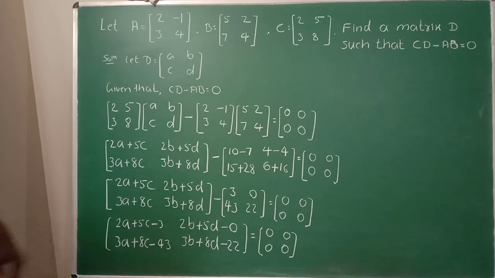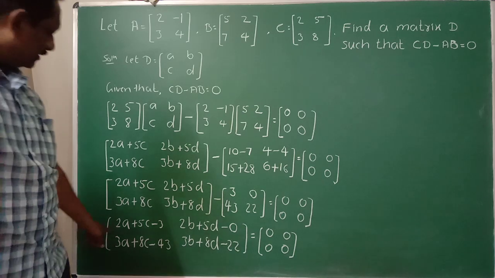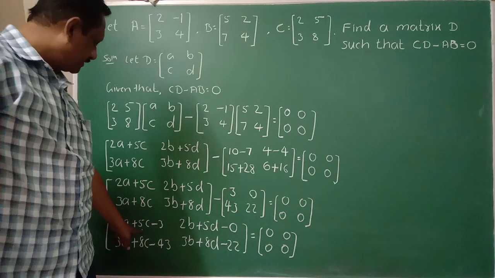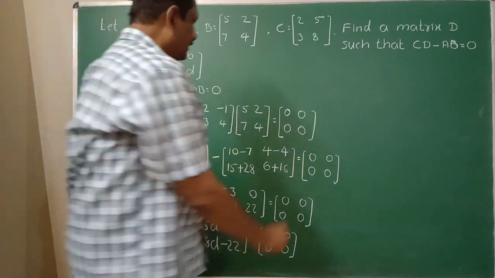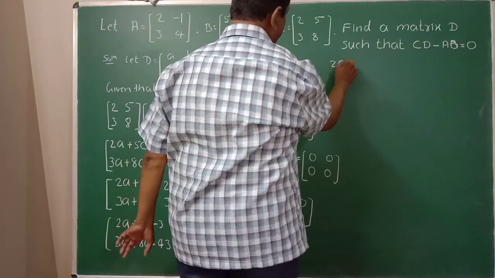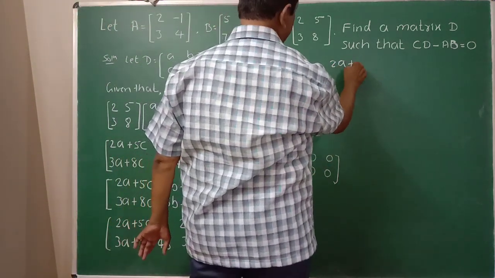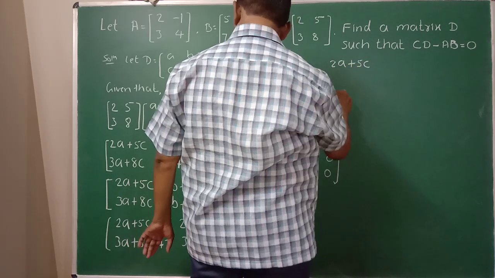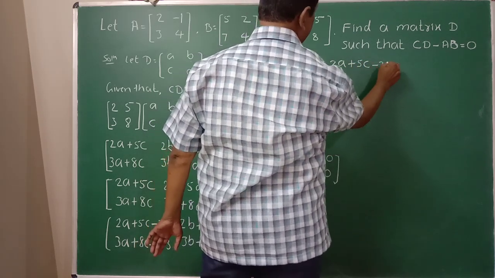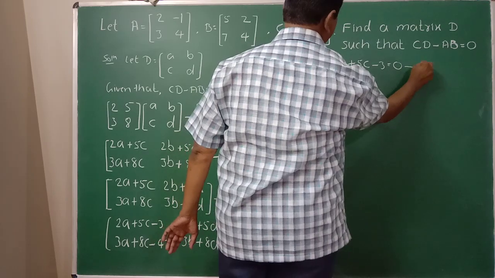Then equating the corresponding elements: 2a plus 5c minus 3 is equal to 0, take this as equation number 1.